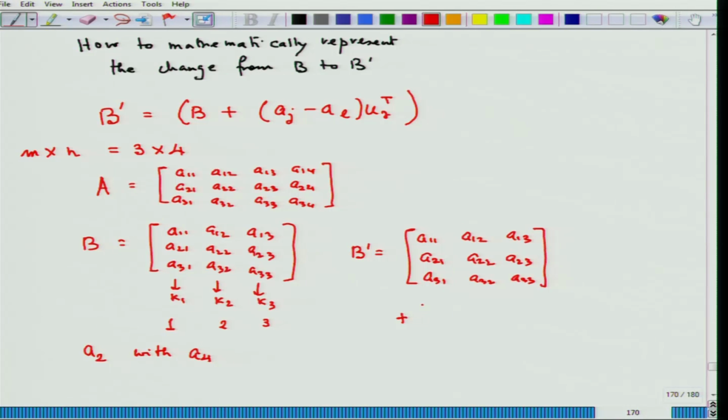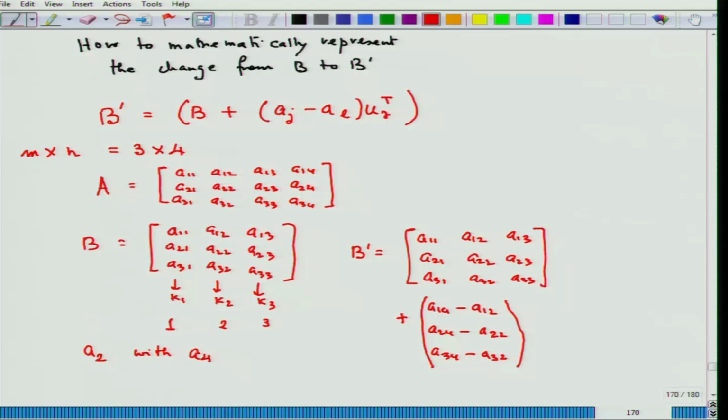What is A4 minus A2? A4 minus A2 is A14 minus A12, A24 minus A22, A34 minus A32.